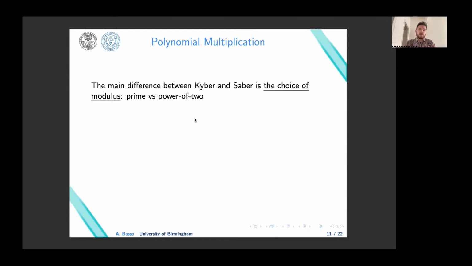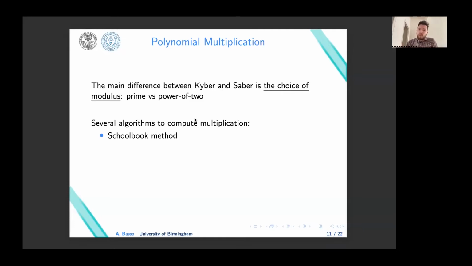And intuitively, this should not make a big difference. But it does indeed make a difference when we look at how polynomial multiplication is computed. Polynomial multiplication, as you see, is a core component, and the whole protocol basically consists of multiplying vectors and matrices of polynomials.